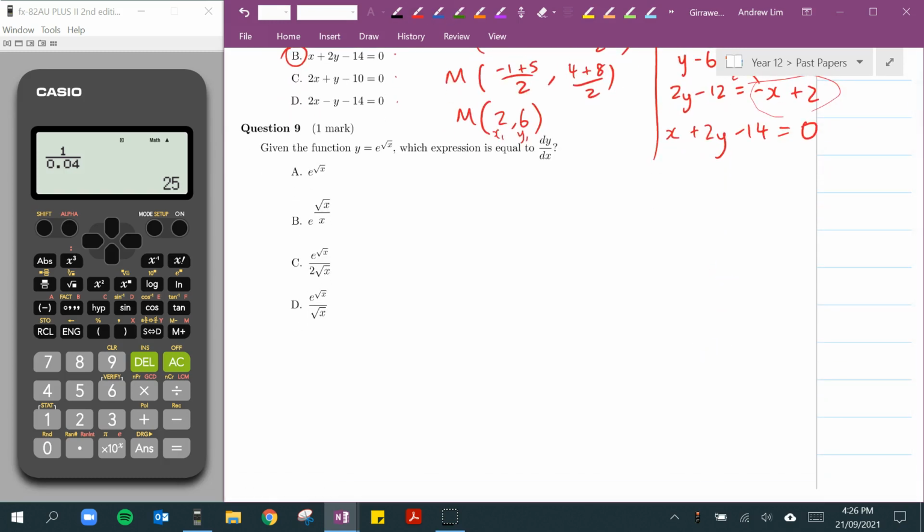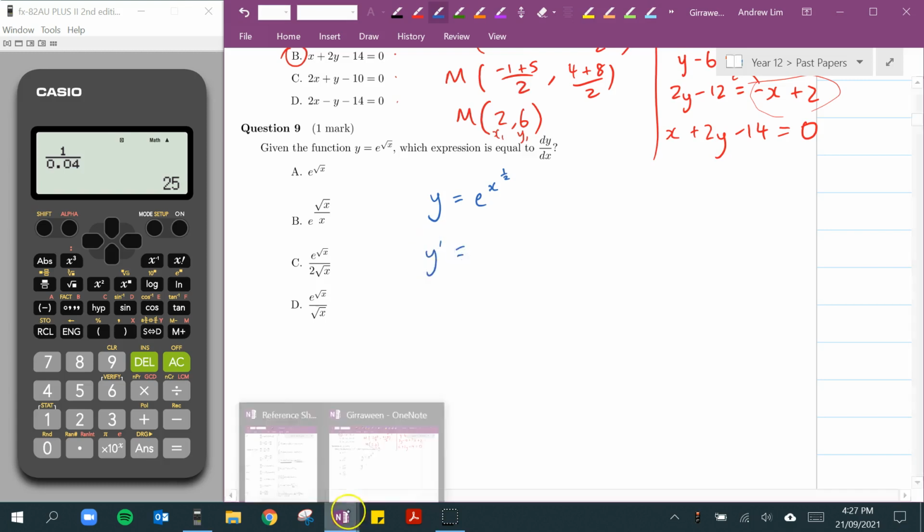Question 9. Given the function y is equal to e to the power of root x, which expression is equal to dy dx? So we have y is equal to e to the power of, technically, x to the power of half. We can differentiate this.